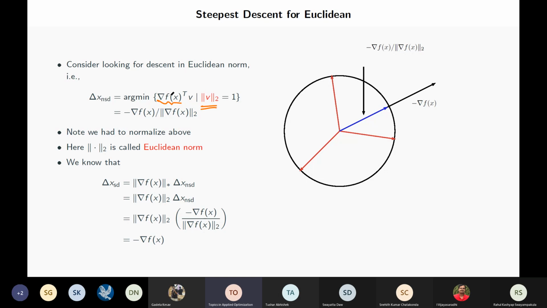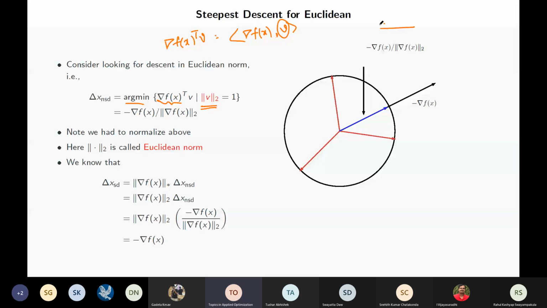I know that grad f(x) transpose v is a dot product of grad f(x) and v. When is the dot product maximized? When v is in the direction of grad f(x). But we are talking about minimizing, so I take the opposite of that.